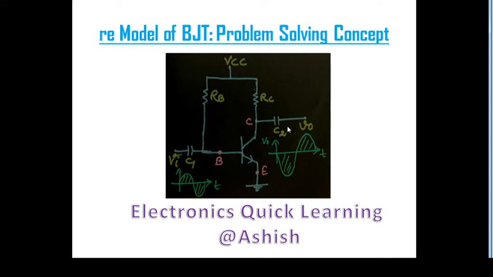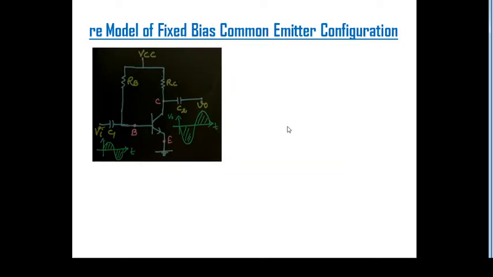So we have to start with the very fundamental fixed bias circuitry, and find the four parameters later. We are just starting with a fixed bias, a common emitter configuration, where we give the input and take the output.